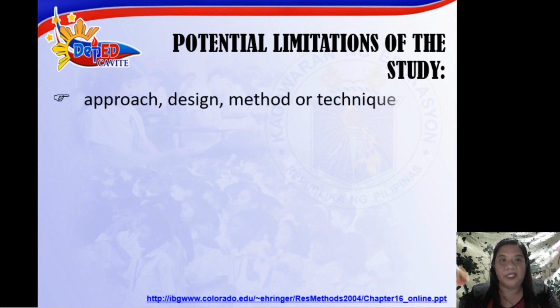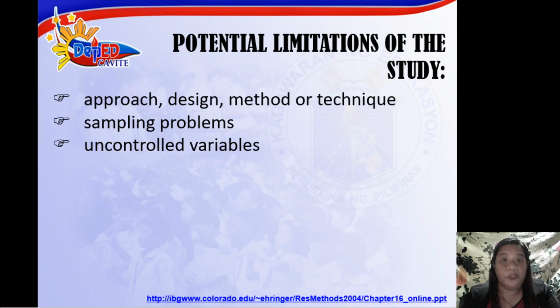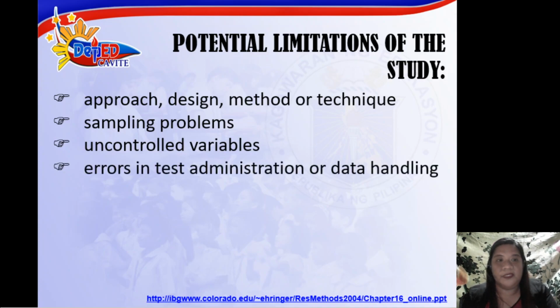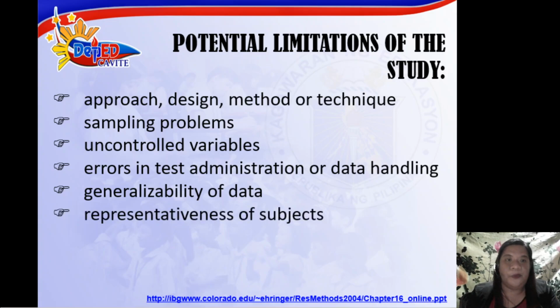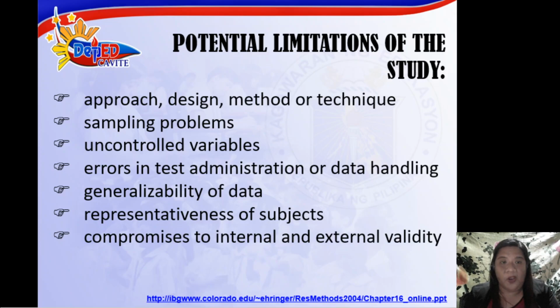These could be the approach, design, method, or technique that you have used, sampling problems, uncontrolled variables, errors in test administration or data handling, generalizability of data, representativeness of subjects, compromises or let's say threats to internal and external validity.